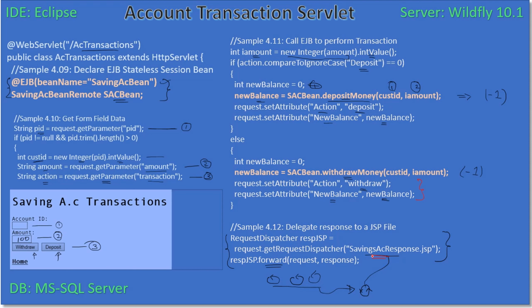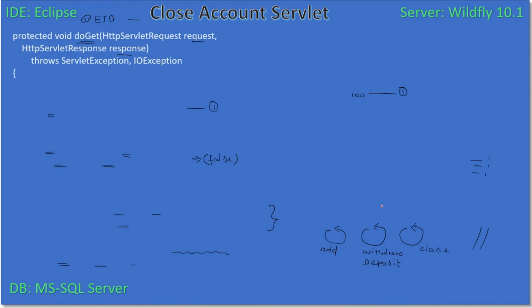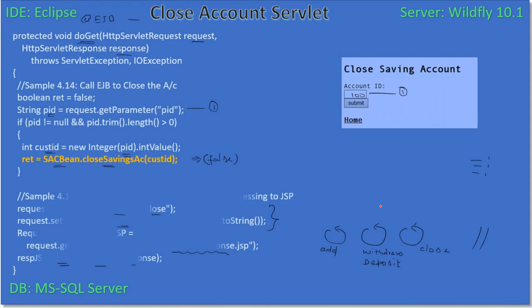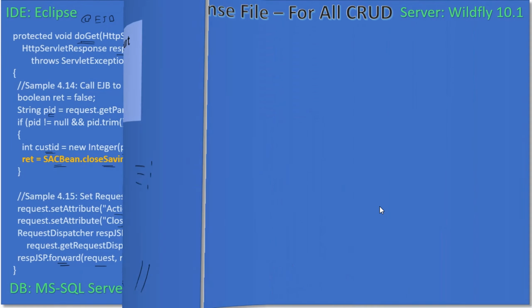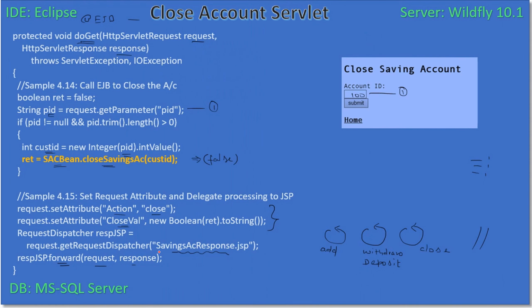So in this video we are going to develop this saving account response JSP. All our servlets, after the processing, delegate the request response processing to this JSP, and before that they set the action as well as the relevant attribute.